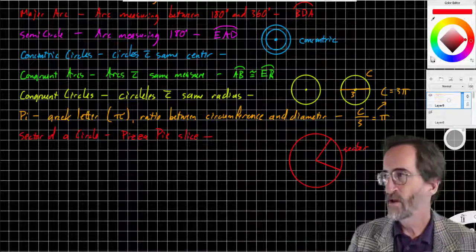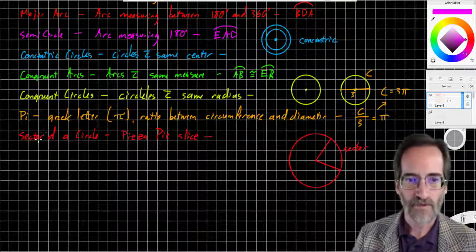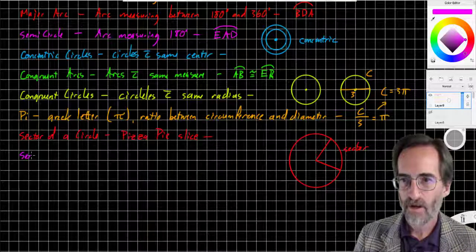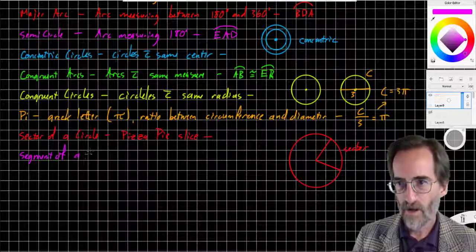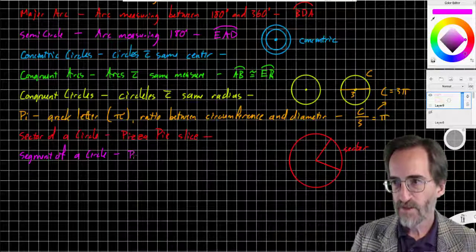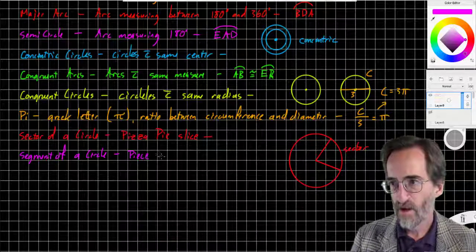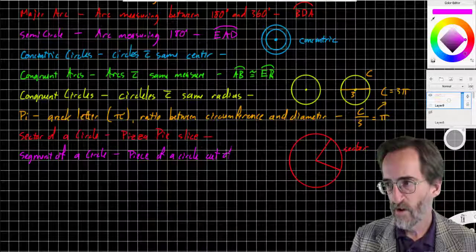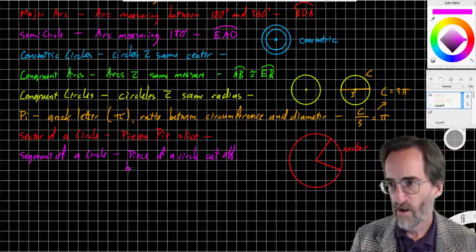Okay, and segment of a circle. A piece of a circle cut off by a straight line.